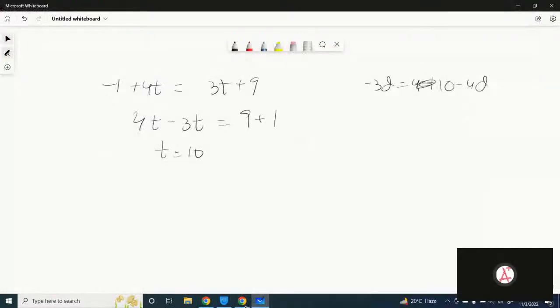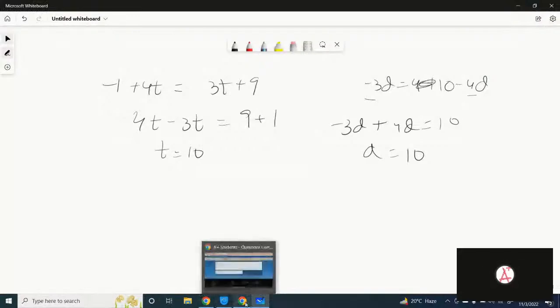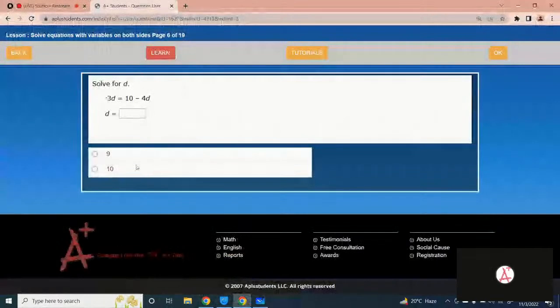So collect the terms that have the d. Okay, move that negative 4d to this side. So it would be negative 3d plus 4d equals 10, or either it is 4d minus 3d would be d equals 10. Got it? So select the correct option and click on the OK button.